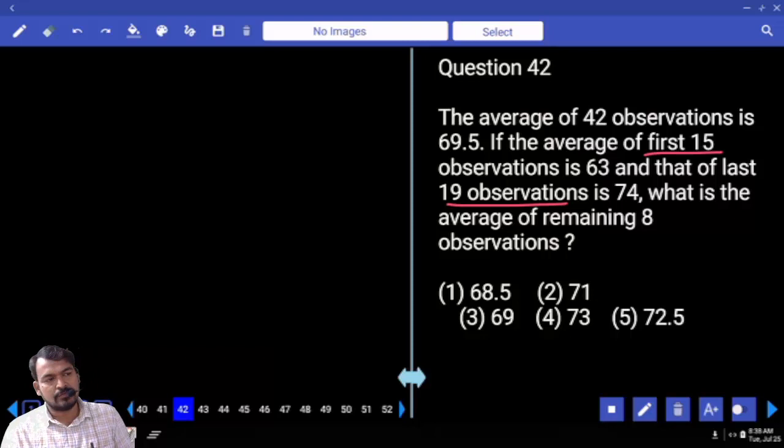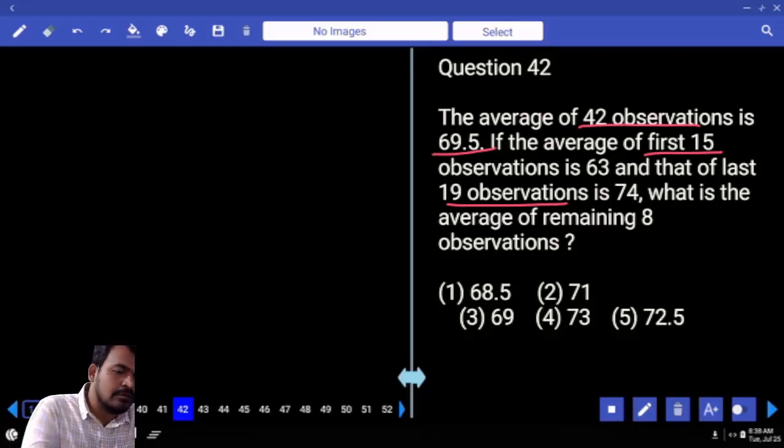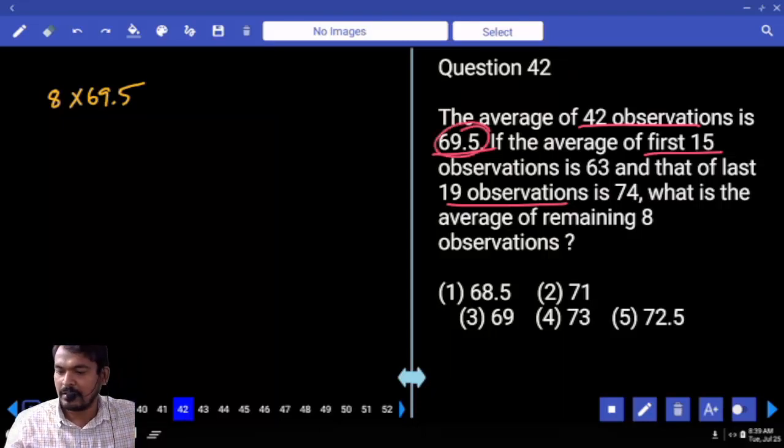Average. First we need to identify the remaining 8 observations' sum by using the reverse effect. Actually, the average of 42 observations is 69.5, so the remaining 8 observations' average is also 69.5. Then we write 8 into 69.5. That is the actual sum of the remaining 8 observations. And compared to 69.5, the first 15 observations' average is how much? 63. How much is the average lesser?